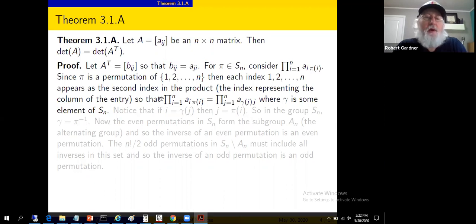All right, pi is a permutation of the set 1 through n. So each index 1 through n appears as a second index in the product and appears exactly once, right? So i, as I said, ranges from 1 to n in order. The second index, pi of i, also ranges from 1 to n.